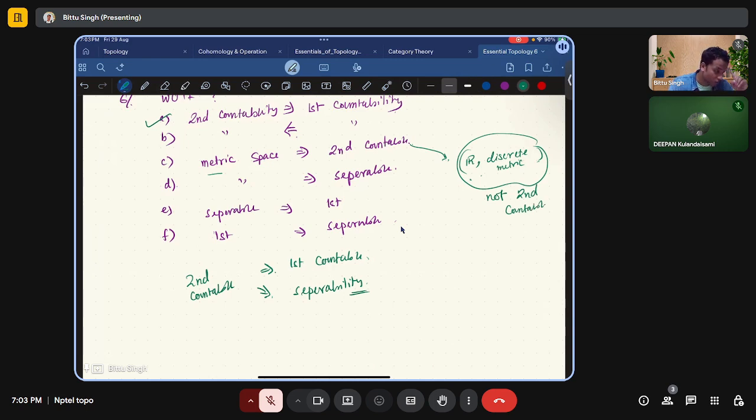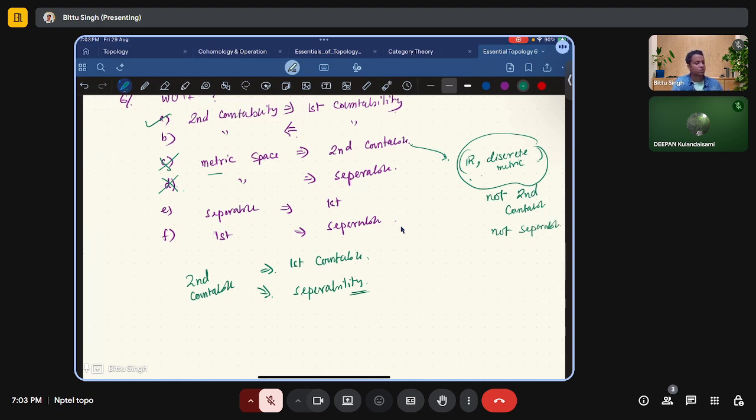This example also shows that there is no countable dense subset, because whatever subset you choose is itself closed, since in a discrete topological space every subset is closed. So whatever countable set you choose, the closure of that set will be itself. So a metric space may not have those two properties. In the same example, this is not second countable and not separable.